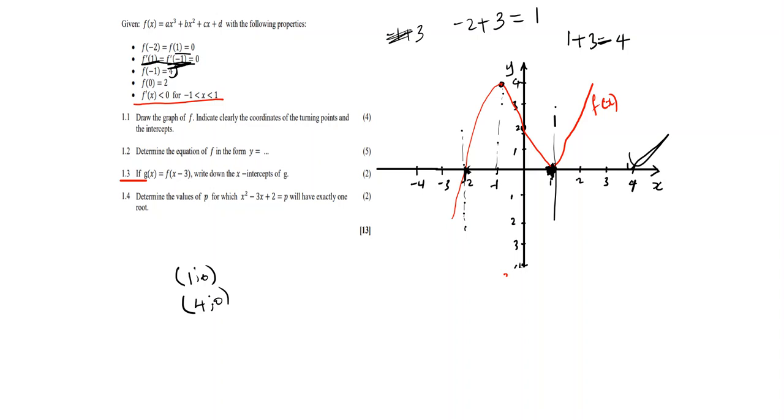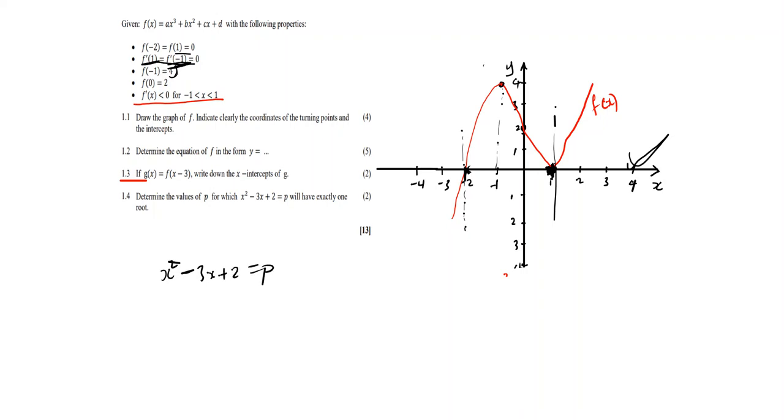So now the question is saying to us, determine the values of P for which, remember here we are dealing with the vertical shifting of the graph.